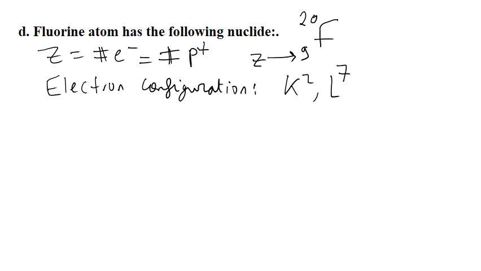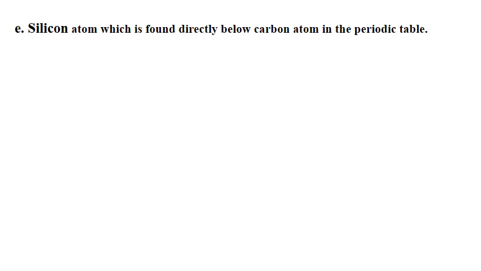Ali, silicon is found directly below carbon, and we know carbon is in row 2 and column 14. We already know this from part A. So how can we write the electron configuration? First, silicon is in row 3.